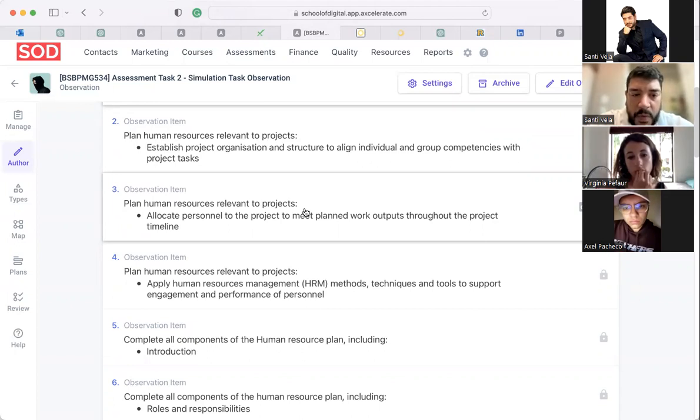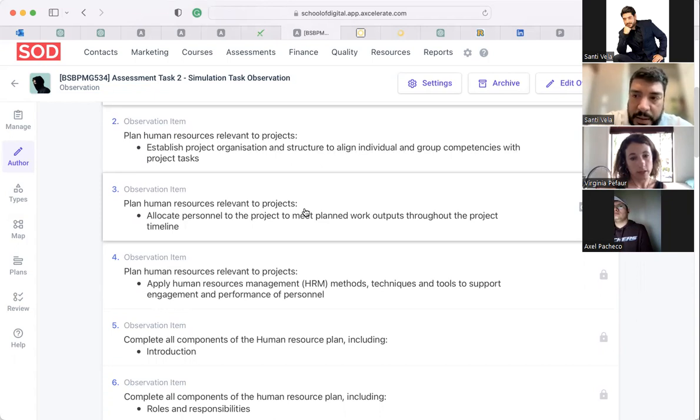When we allocate the personnel to the project, we are allocating them against the project timeline. For us to define the project timeline, we need to do something before. What is the name of that activity in project management that we need to run before we can define the project timeline or the project budget?